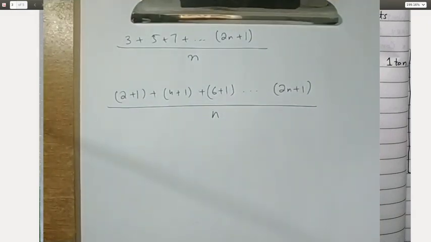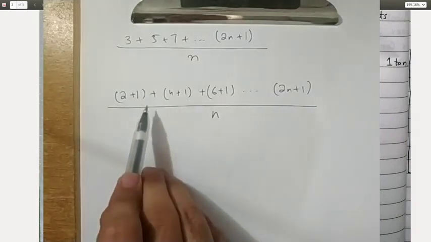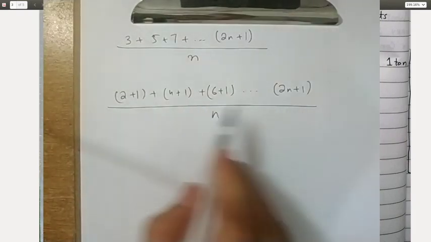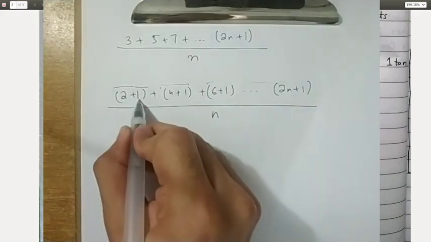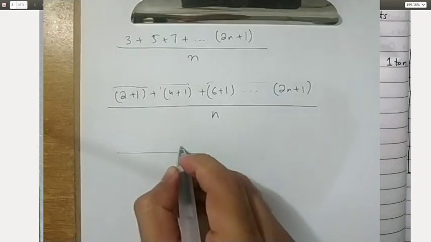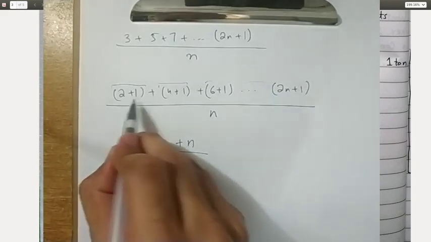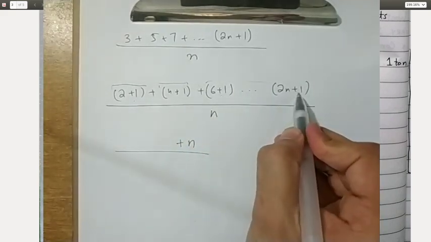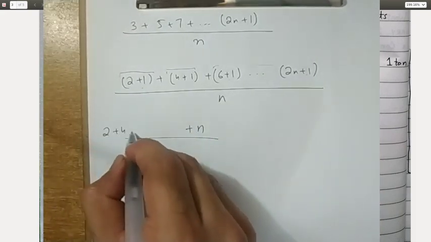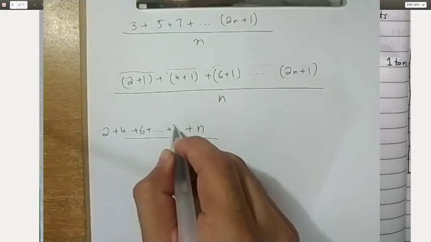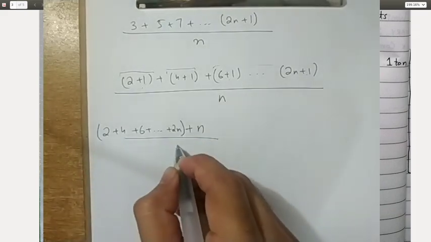Okay. And so first let's add up all of these ones. These are n terms, so you have n times 1, so we can just write an n for all of these ones. And the rest of the terms are 2 plus 4 plus 6 plus up until 2n, divided by n.